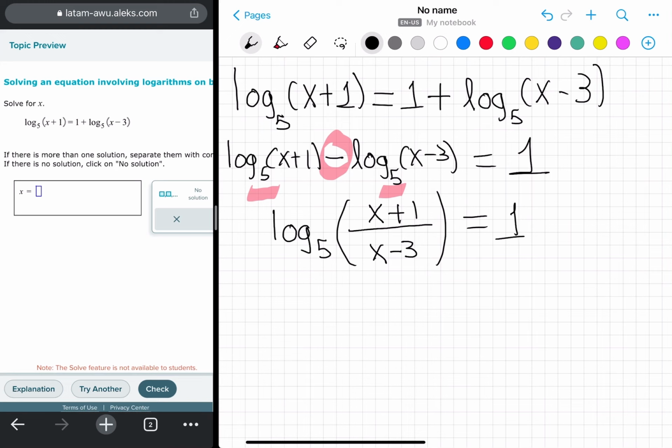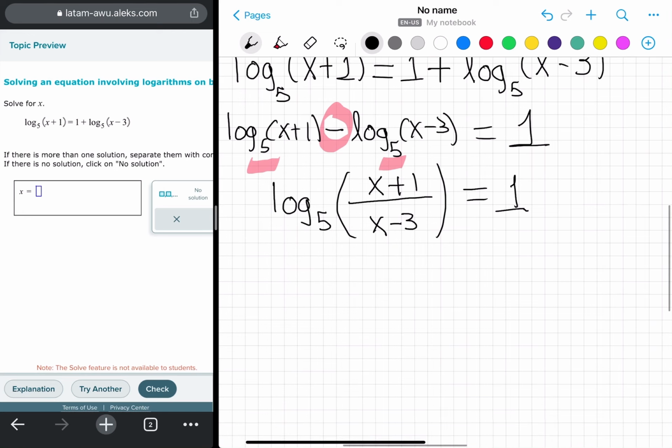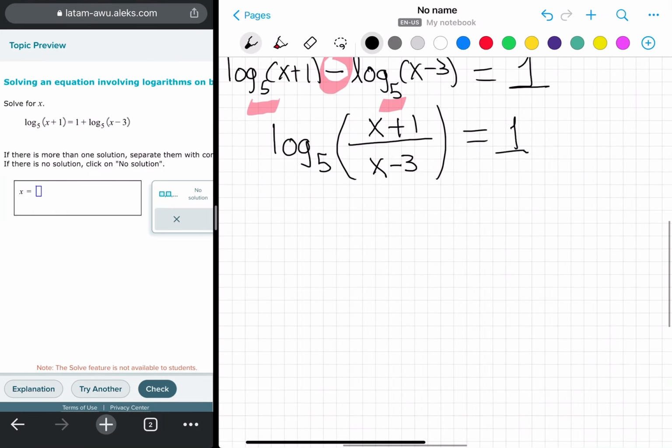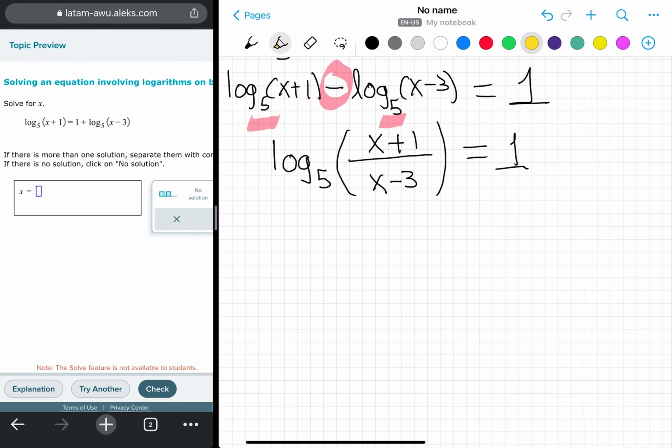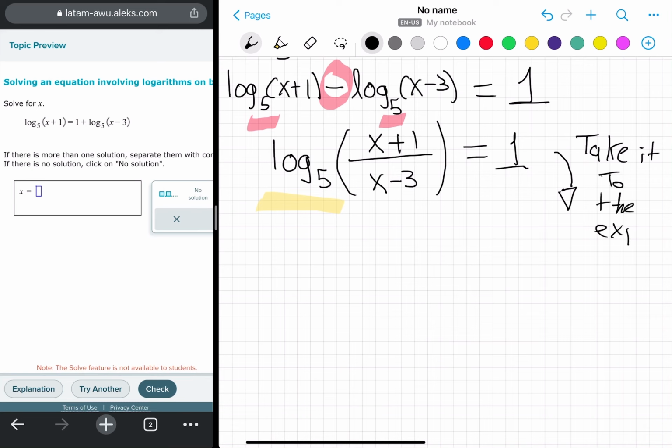Now I have simplified this into one single logarithm, but still I don't have x alone. What is preventing me from having x alone here is the logarithm. How do I get rid of logarithms? Well, by taking it to the exponential form.